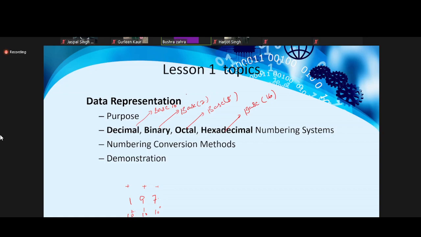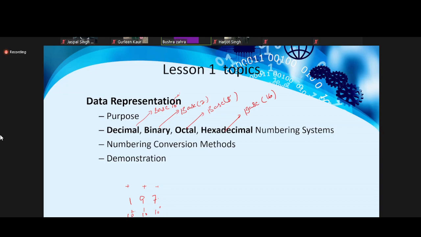So base raised to the power, right? The digits in this number system could be 0 to 9.